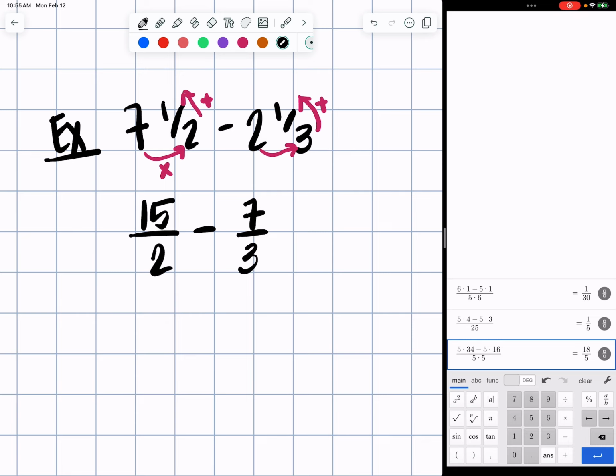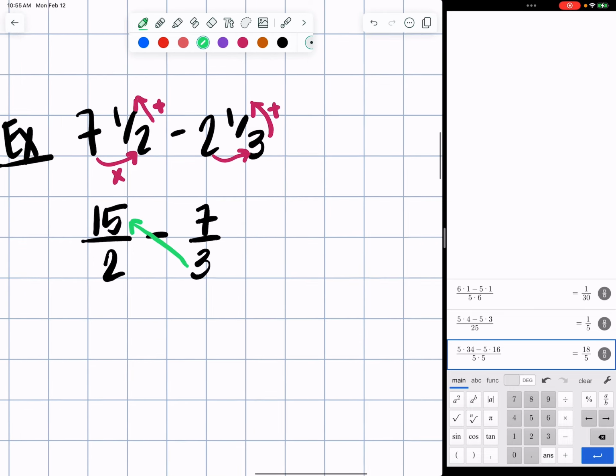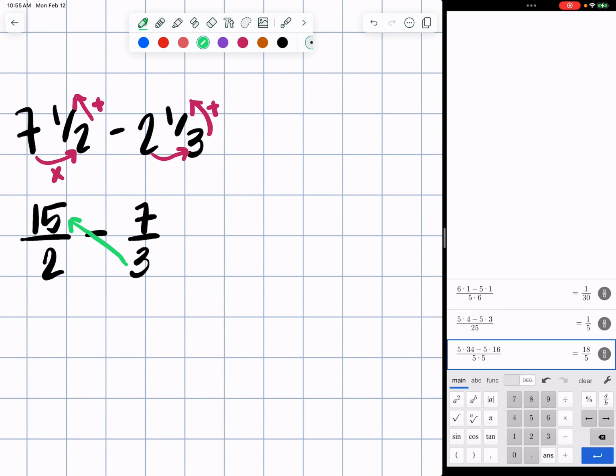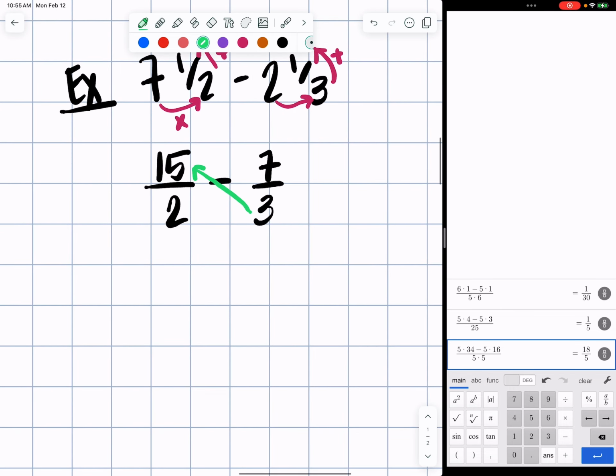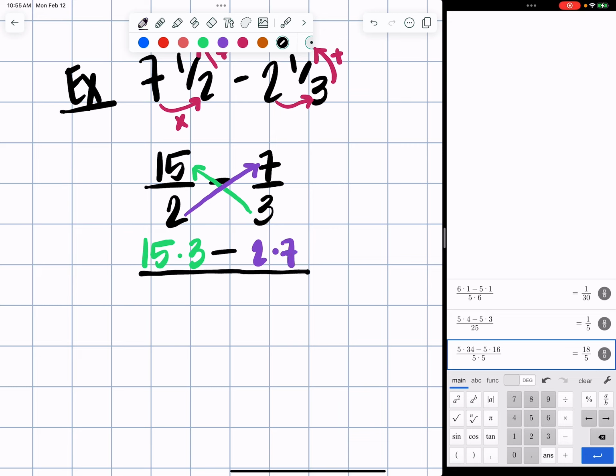Now I'm going to crisscross straight across. So this is 15 times 3. I'm going to bring down the minus. I'm going to multiply the other way. And then I'm going to multiply straight across.